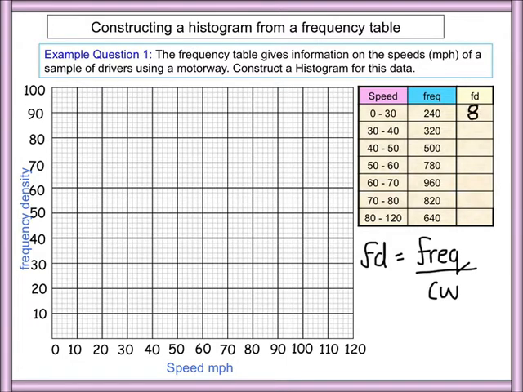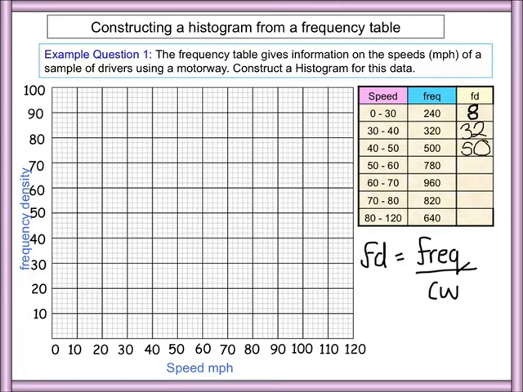The next bit, the frequency is 320, and the class width from 30 to 40 is 10, so 320 divided by 10 gives me 32. The next bit, the frequency is 500, the class width again is 10, so 500 divided by 10 is 50.